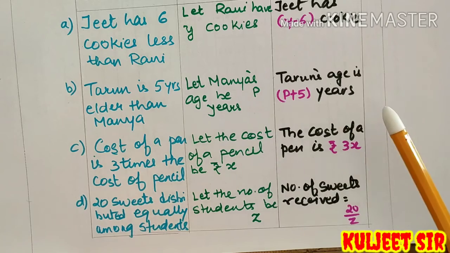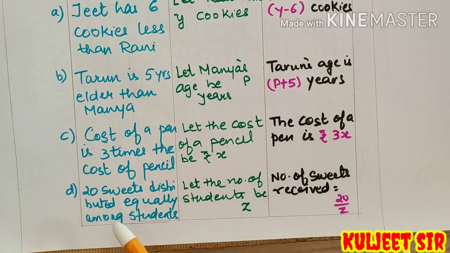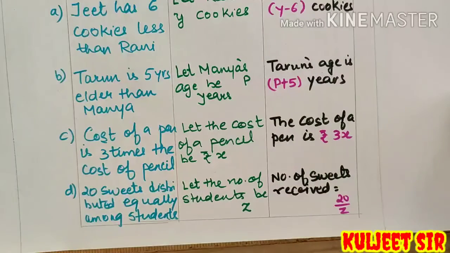And the last one in these practical situations, we are on page number 113. It is example number 7, I repeat, example 7D. 20 sweets are to be distributed equally among the students of a class. We do not know the number of students in the class.